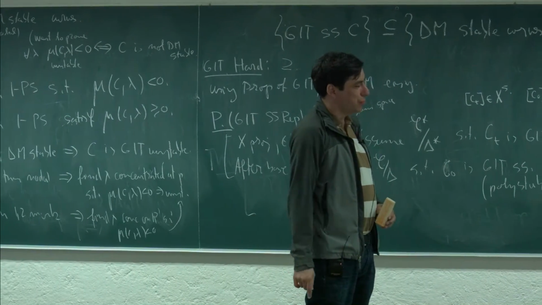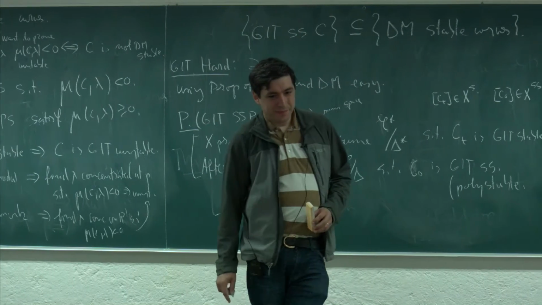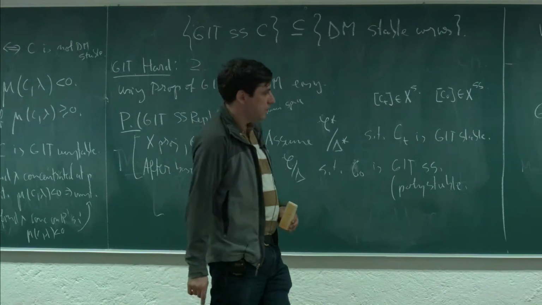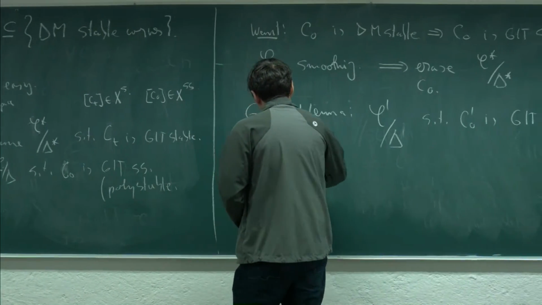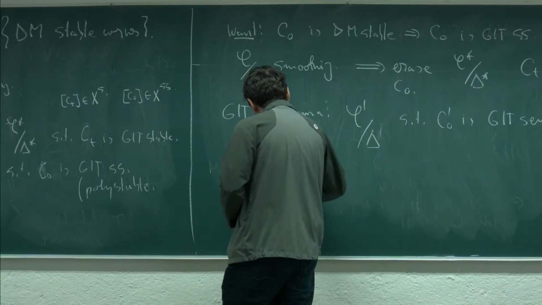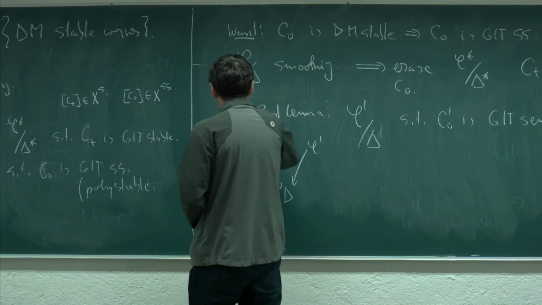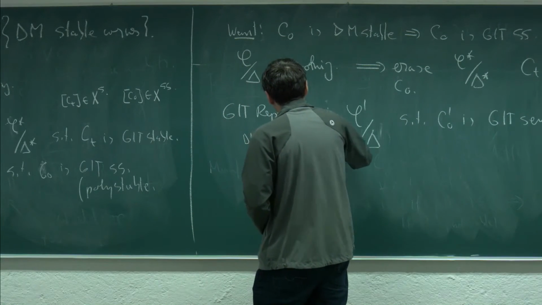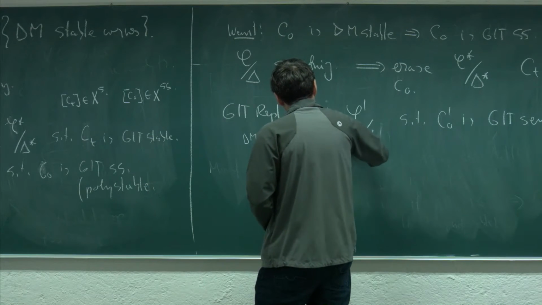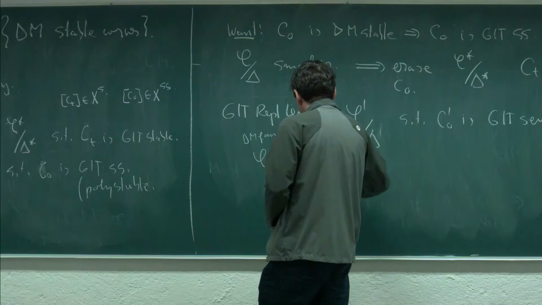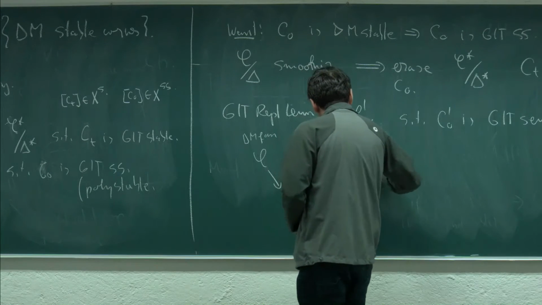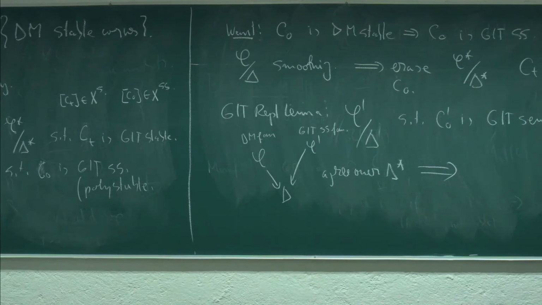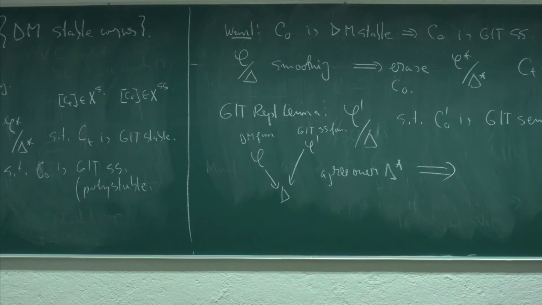But now, how do we conclude? We conclude because we have C over delta and C prime over delta. So this is the DM family, and this is the GIT family. And they agree over delta star. And now I have to say a keyword.